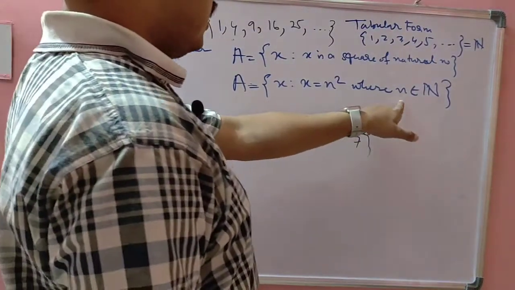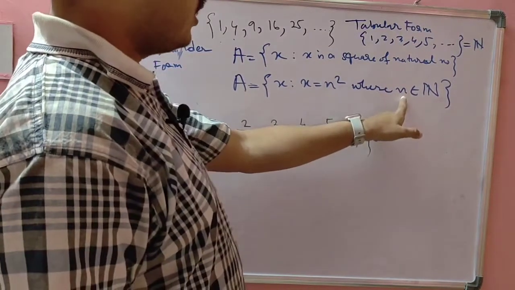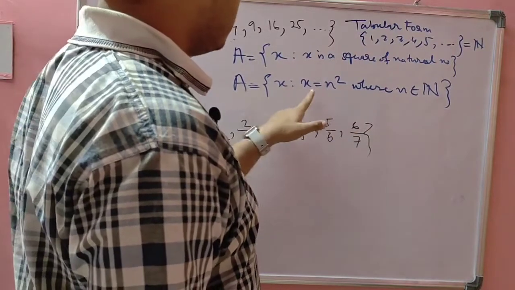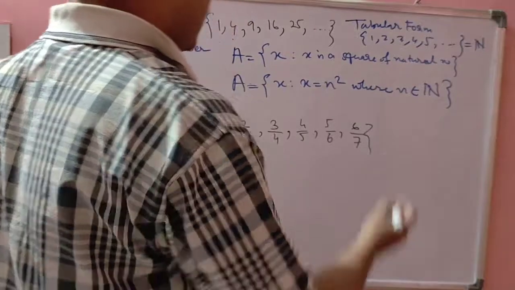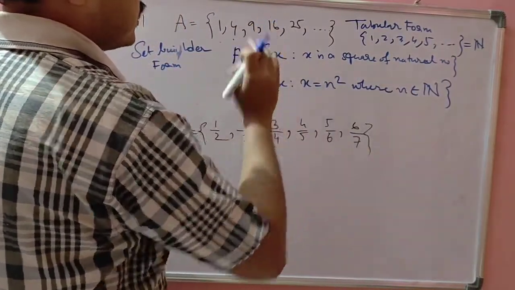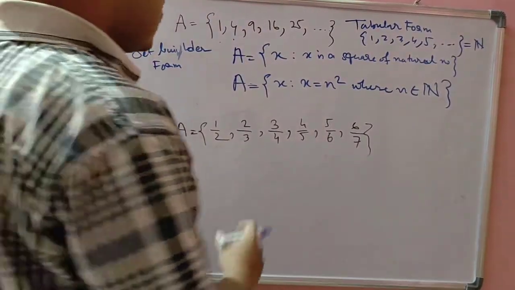If you put any natural number in n, suppose you put 1, it will be 1 square, then 2 gives 2 square, which means 4, and that element is present in the set. If you take 3, you will get 9, if you take 4, you will get 16, and so on.